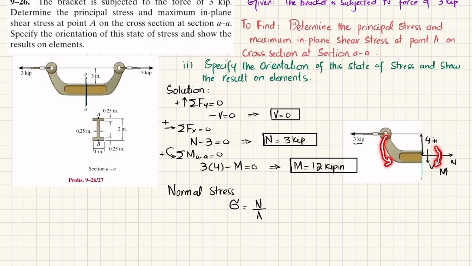Due to bending stress, this will bend like this. The upper portion is in tension while the lower is in compression. Clear? So it will be positive: plus M into Y divided by I. So this N by A is the stress due to the normal force, and this other term is the stress due to the bending moment.